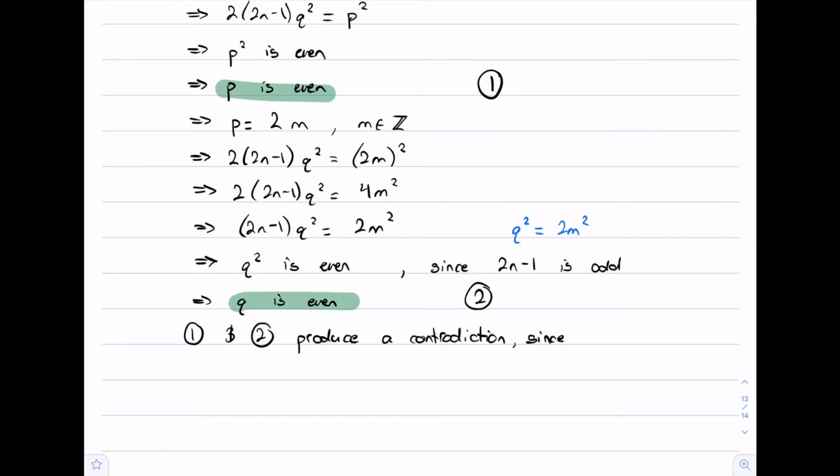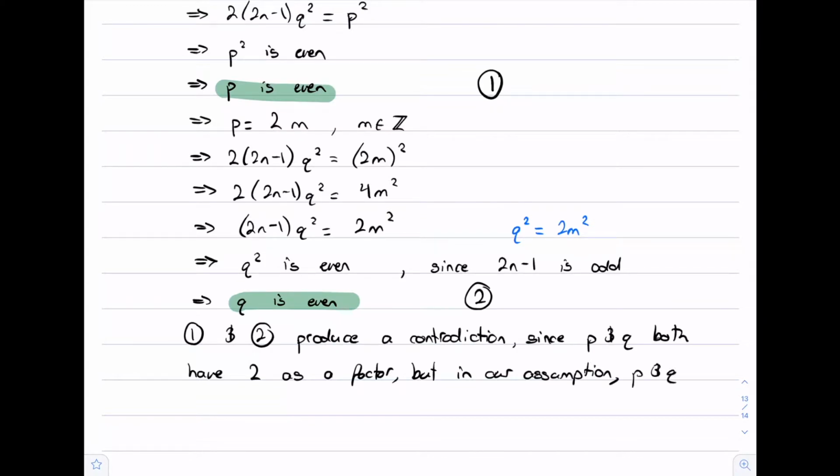Since p and q both have 2 as a factor, but in our assumption, they are coprime. p and q were coprime. So we've got our contradiction.